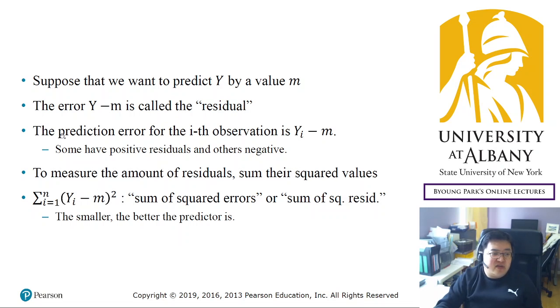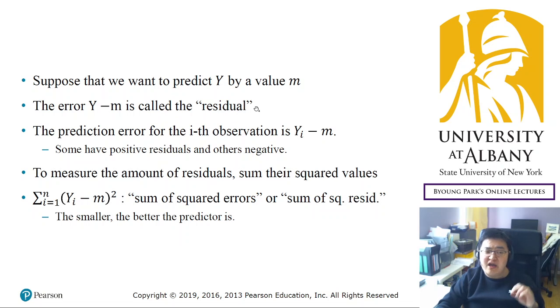Then in this prediction, the error is the difference between y and m. Y minus m is the random error from the randomness, and this is called the residual. So you predict y by m, but some part of y is not explained, not predicted. So y minus m is called the unexplained part, the residual.